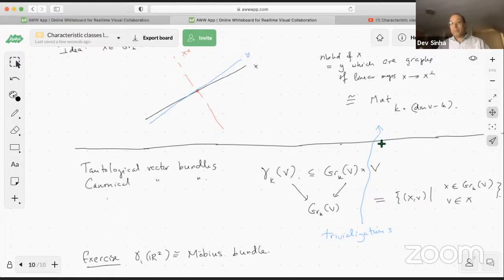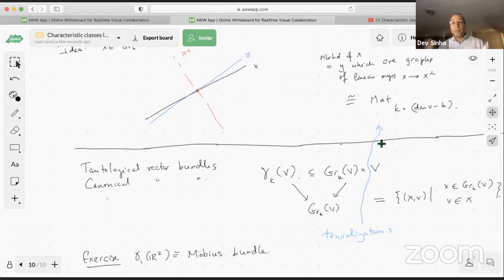Well, from the linear map from x to the graph of that map, which is y, then gives us a way to identify x and y, which over all of these will be consistently a trivialization.